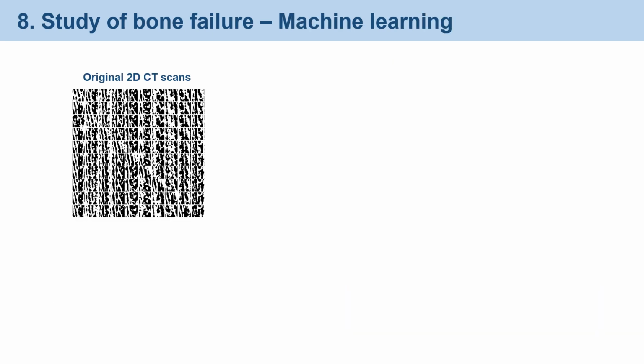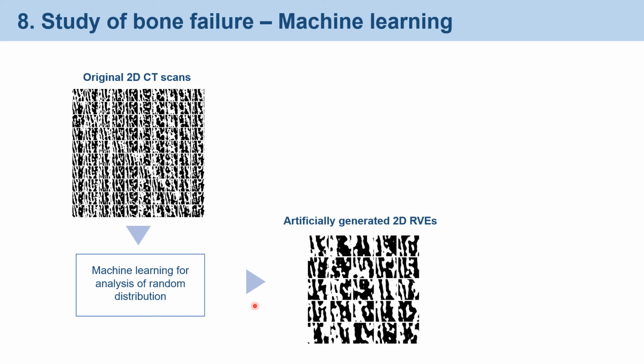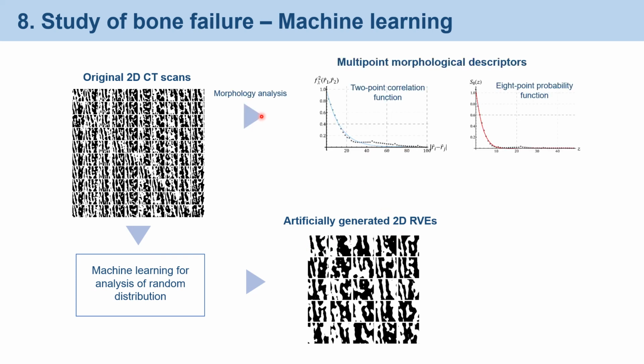And also we have developed a machine learning algorithm that can be applied to 2D CT scans of trabecular bone. We apply the machine learning algorithm to produce artificial representative volume elements. At the same time, this algorithm does morphology analysis, which uses certain multi-point morphological descriptors to ensure that the volume fraction and morphological parameters of the initial trabecular bone are preserved.